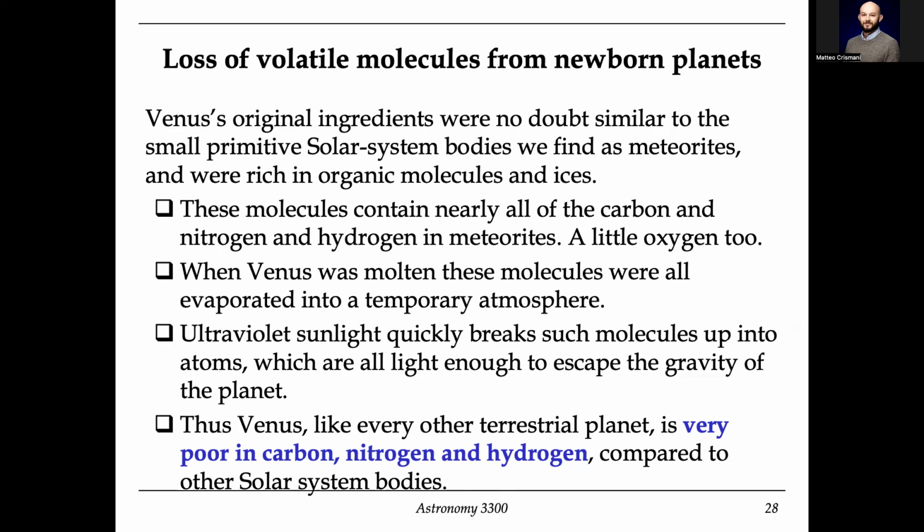So we suspect small solar system bodies had lots of organic minerals, molecules, and ices. This is where they think a lot of the carbon, nitrogen, and hydrogen comes from in meteorites. So here's the issue.